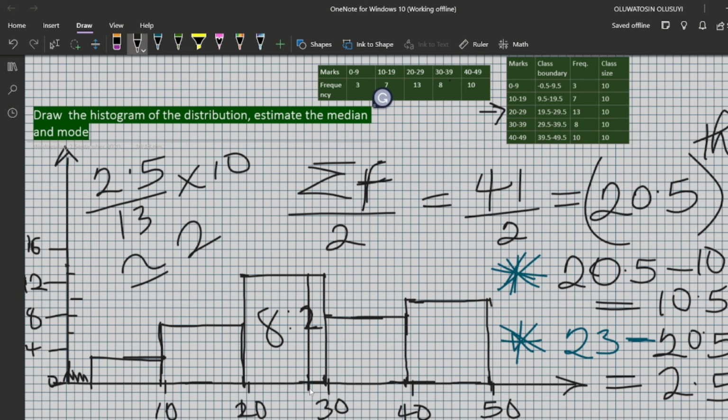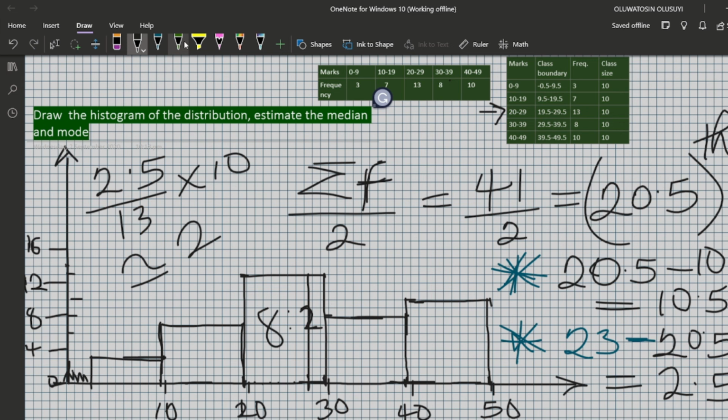If this point is our median, what are we going to have? This line, this is 19.5, this is 20, 21, 22, 23, 24, 25, 26, 27. So our median is 27.5.